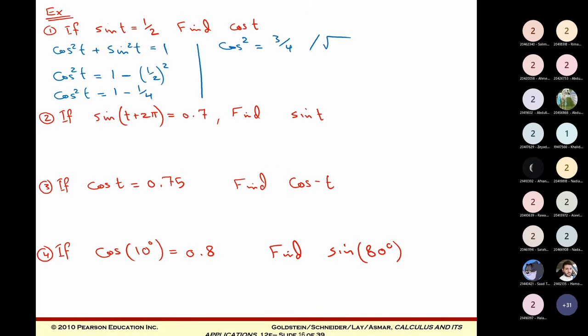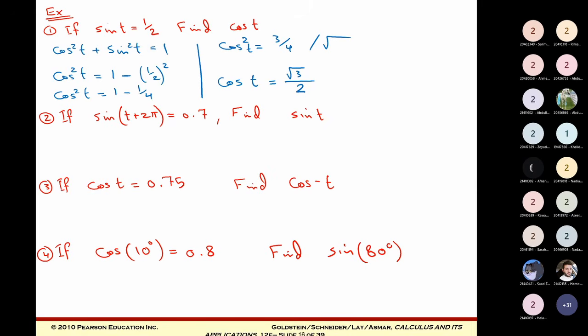Take the root for both sides, so we have cosine t equals radical 3 over 2. Okay?